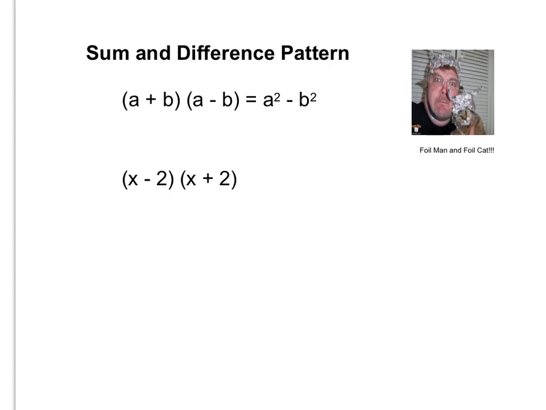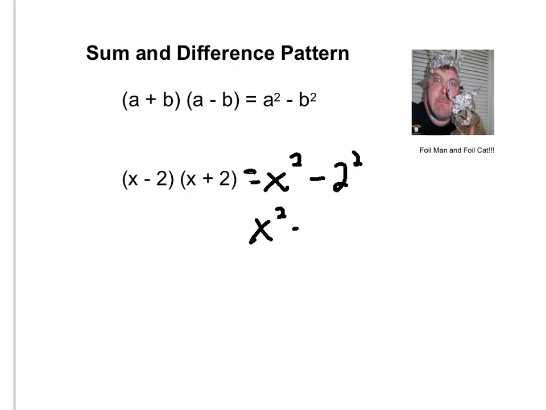So if we plug this in the pattern, here's what this looks like. We have x minus 2 times x plus 2. The first terms are the same, the second terms are the same, just one's subtracting, one's adding. So we are going to make this, oops, let me get my thick pen here. The first one squared, so it's x squared, minus the second one squared, 2 squared, or 4.